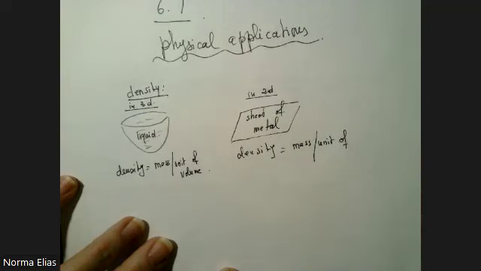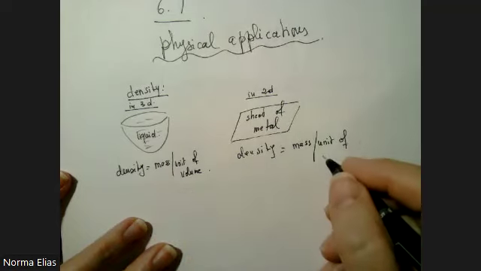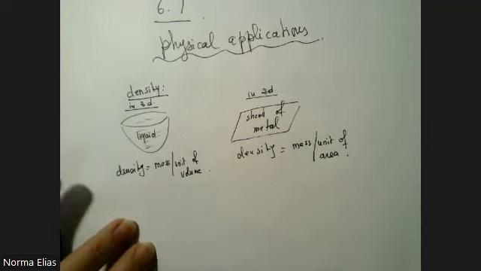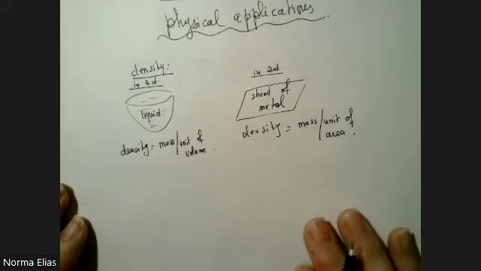Quickly. Per unit of what? So here, per unit of area. Centimeter square, inches square.